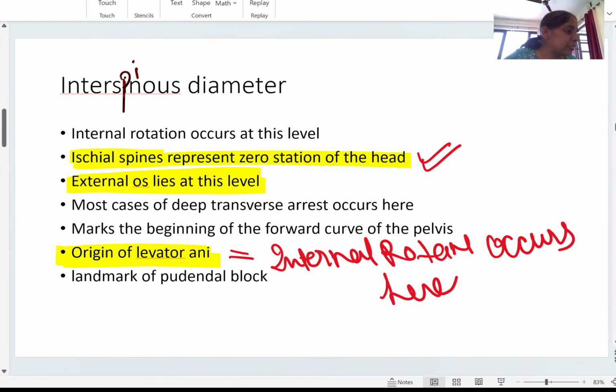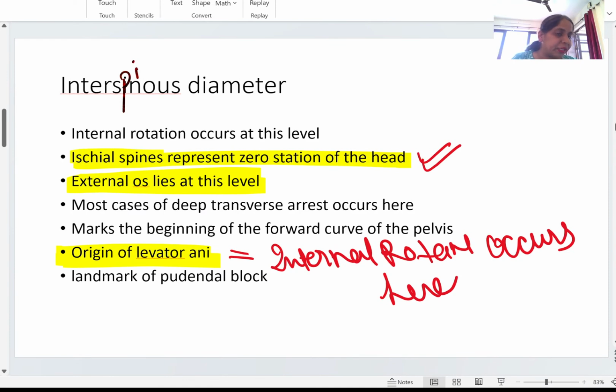This is the relevance of interspinous diameter. Why is this the most important place in the pelvic cavity? Because it is the level where, if the fetal head comes at the level of the spine, we say that station is 0. It is also where the external os is.